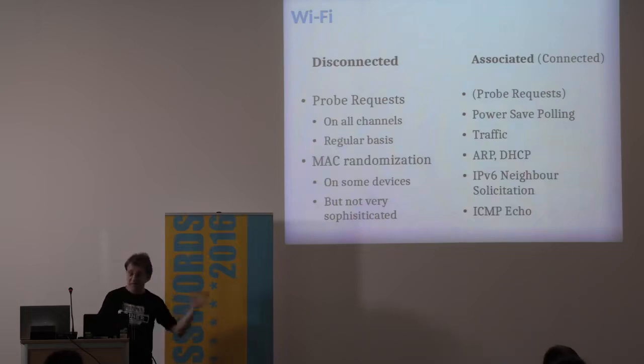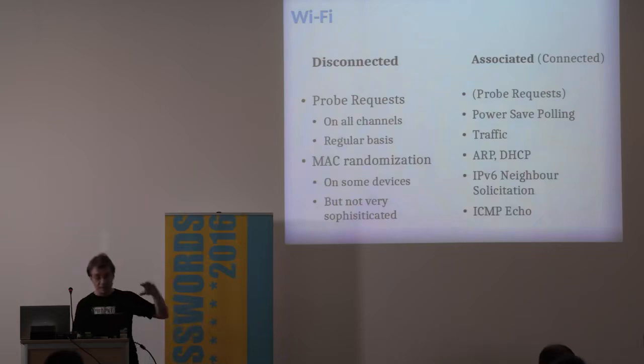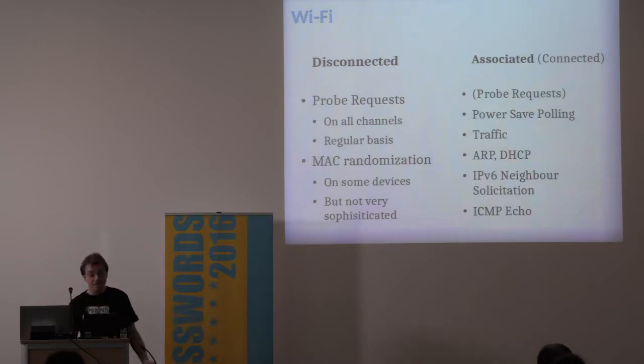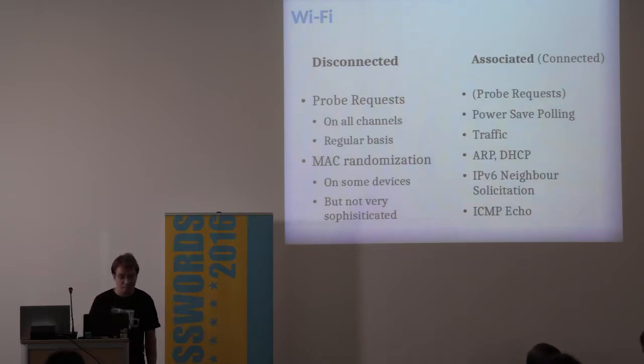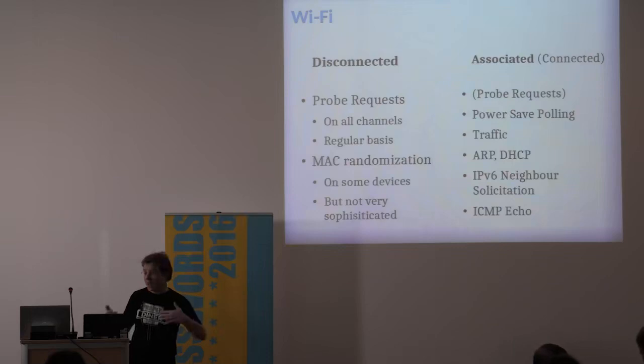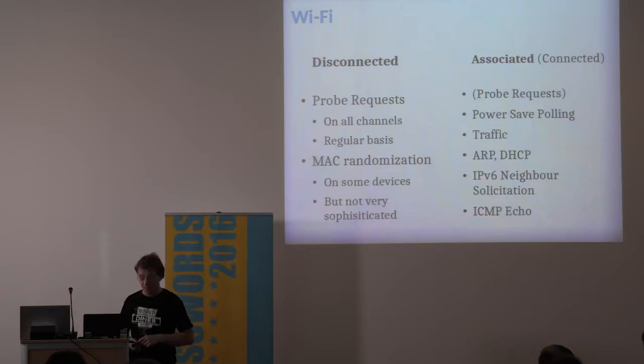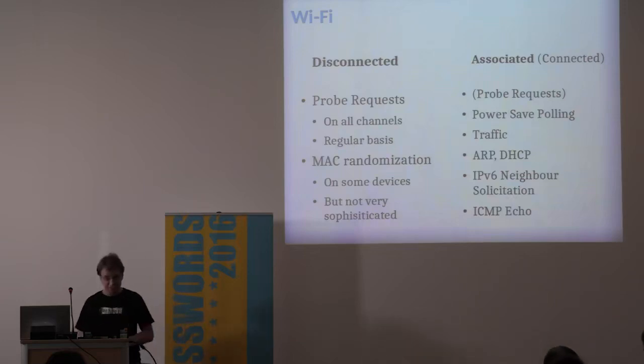So this is the disconnected state. In the connected state, so a phone is associated with the Wi-Fi, most phones still send out probe requests, but less frequently. This is because you might get out of range of your currently associated access point, and then you need to know which other access points are in vicinity, and for roaming between access points.